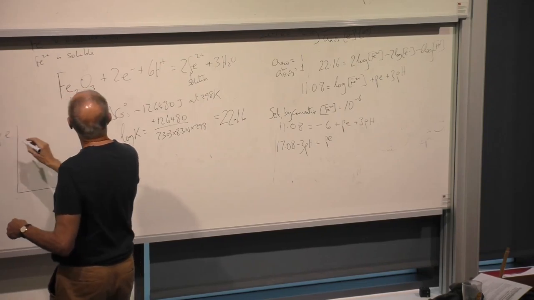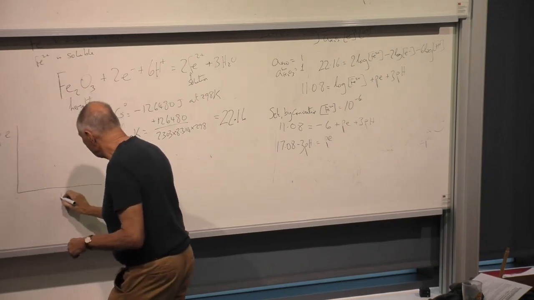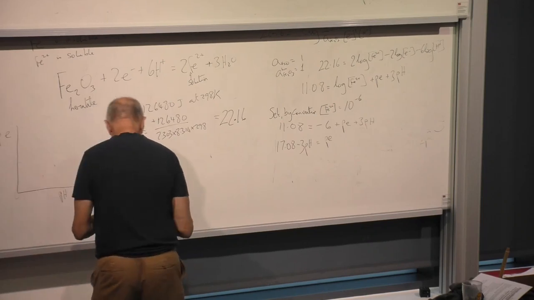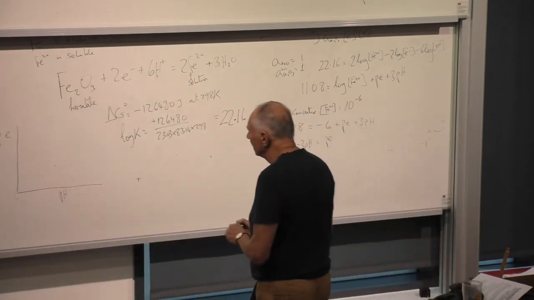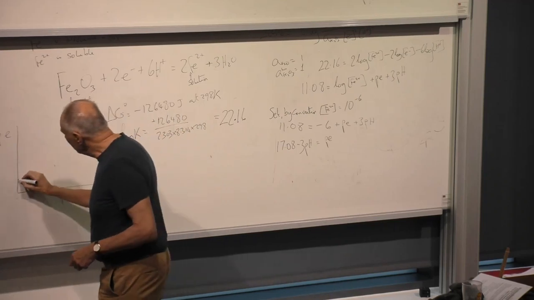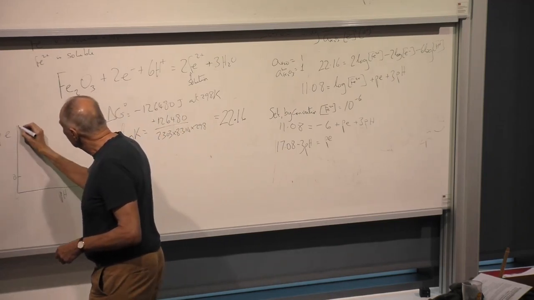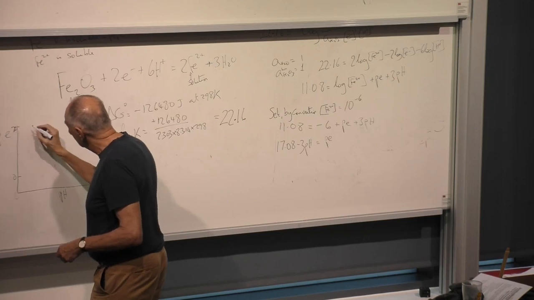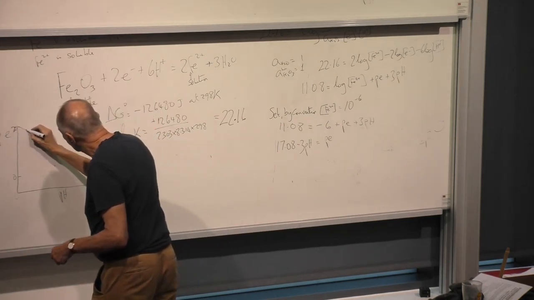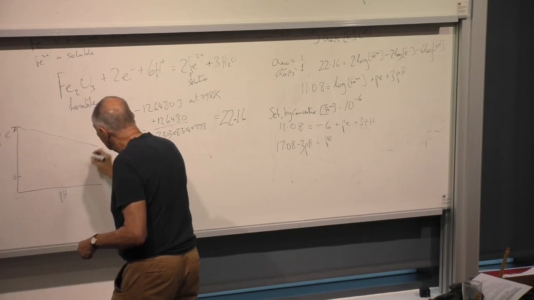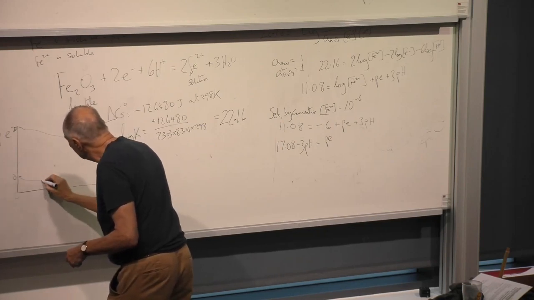on the pe-pH diagram. I think I've rubbed it out. Here's 0, there's 20, so it's 17. That's a stability limit of water.